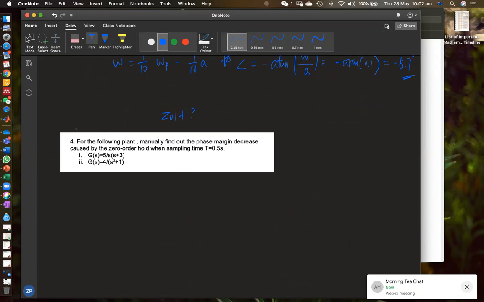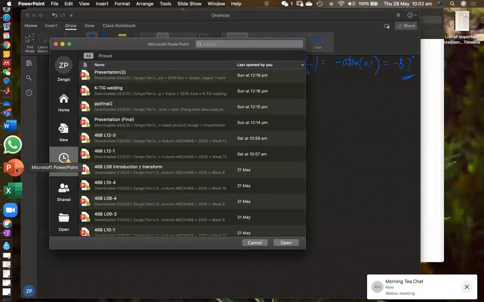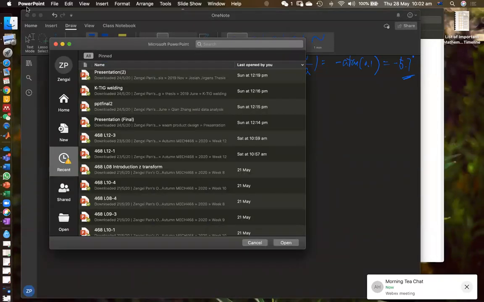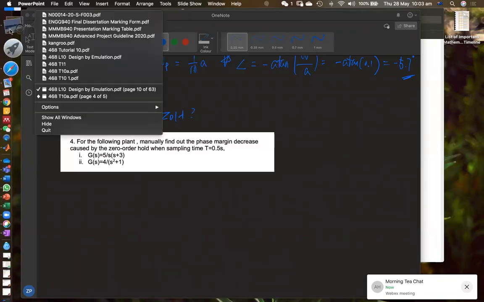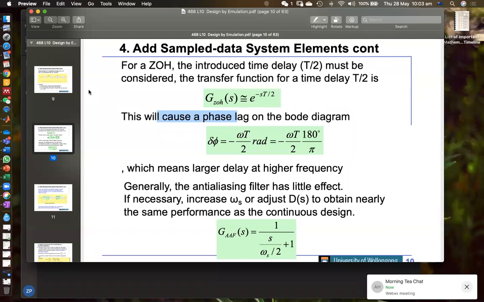So let's first write down the formula over here. I can't really remember that. Let me write it down. So it's negative omega T over 2.